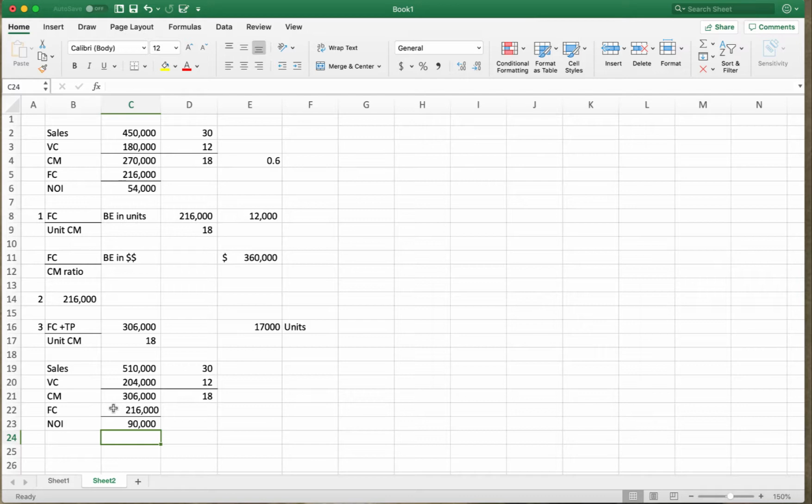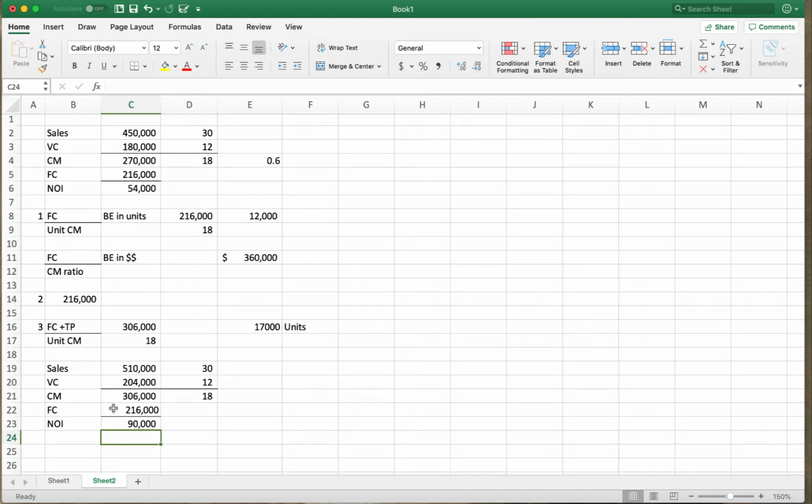Okay. Now the next thing we need to look at is margin of safety. Okay. So we haven't really talked about margin of safety yet. So what exactly is our margin of safety? Well, hopefully you already know because I'm sure you've already read the chapter and worked through the study guide. But when we're looking at the margin of safety, really what we're looking at here is the excess of actual sales or budget sales over the break-even in sales dollars, okay?